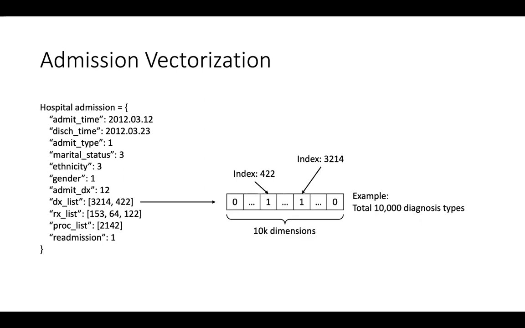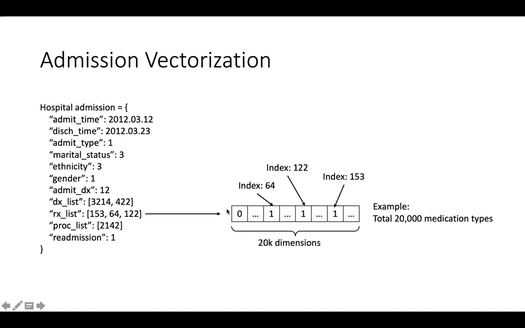And then since you have 422 and 3214 as the multi-label information, you need to set the dimension that corresponds to 422, which is the 423rd dimension, and the 3215th dimension, to 1 and all the others are 0. So this will be an extremely sparse vector, because out of 10,000 candidates, only 2 are active.